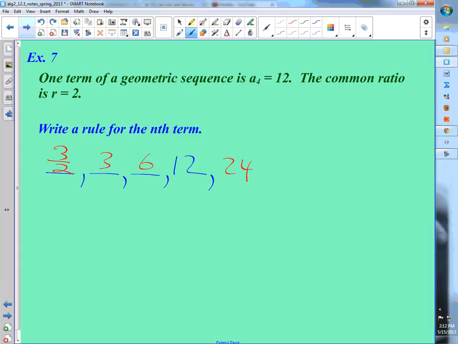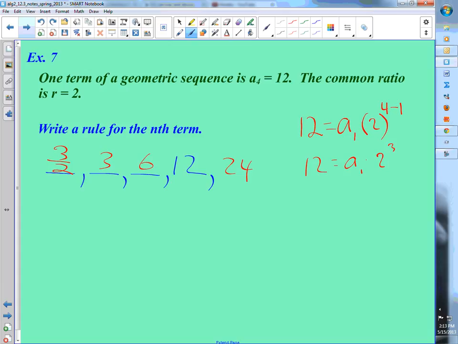Now, again, if you have the 40th term to begin with, that's going to be a little more challenging. So the way that you're going to do that is to say 12 is equal to the unknown A sub 1 times 2 to the 4 minus 1 power in this case. So if you want the algebra for this, you're going to have 12 equals A sub 1 times 2 to the third.